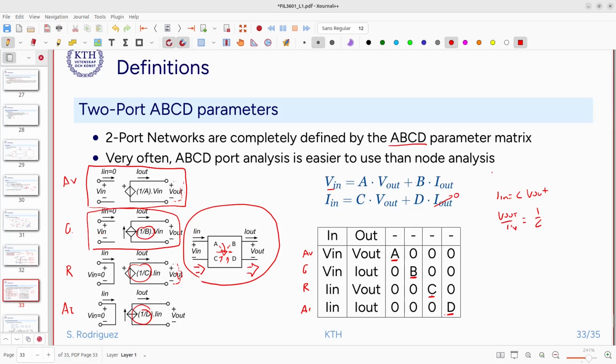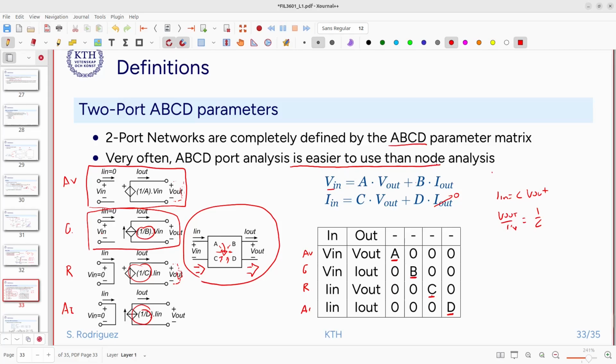So why is this interesting? ABCD analysis looks a bit more complicated when we have, for instance, a voltage divider or a series resistor. It looks unnecessary in some cases. However, for very much of the things that we are going to use in this course, it is actually easier to use ABCD parameters.